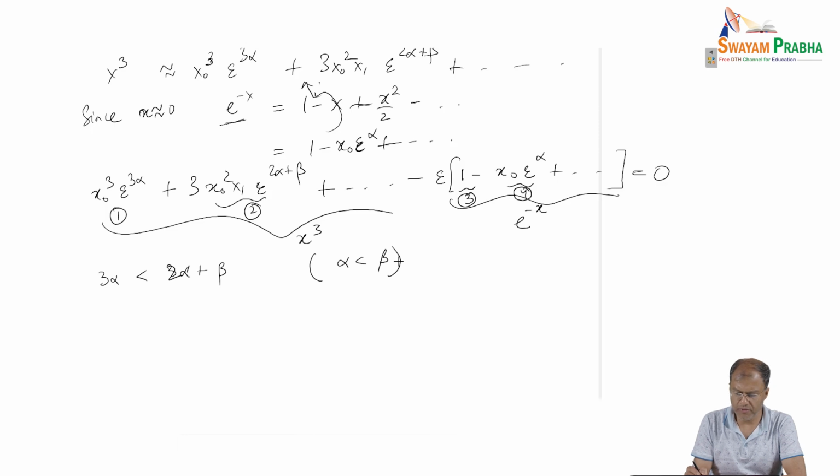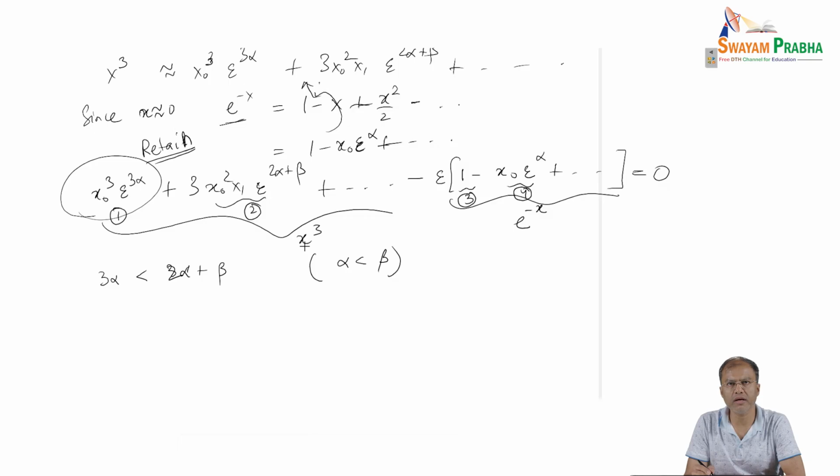And we expect that the cube term must be retained, because otherwise, if we try to cancel off this cube term, the cube term has the power of epsilon which is most likely the lowest order.